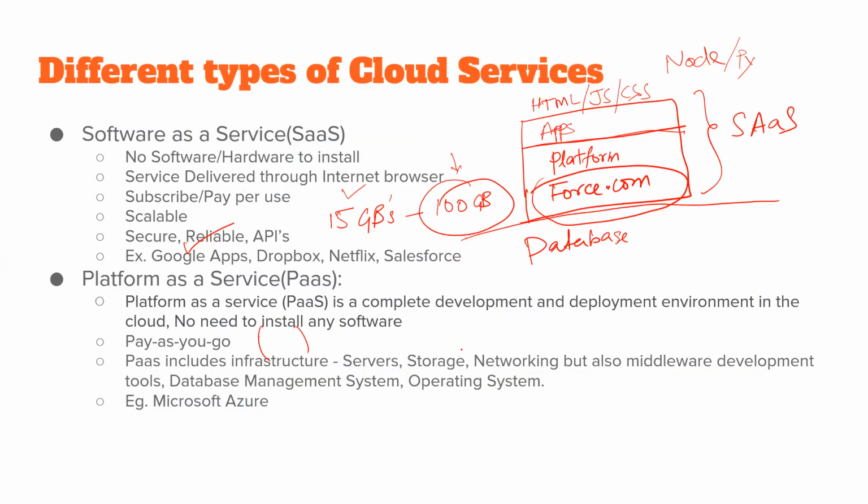So everything that needs to be done as an infrastructure part on the platform, except the front end and your data services, is done by the platform. An example is Microsoft Azure, which is another cloud tool and belongs to platform as a service.